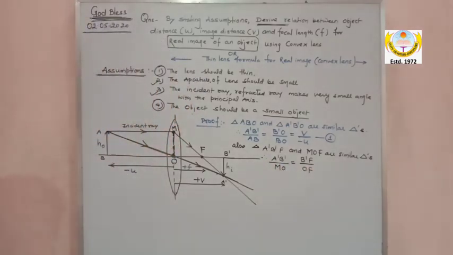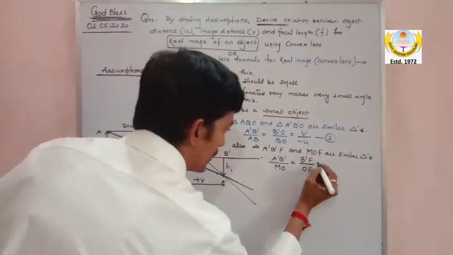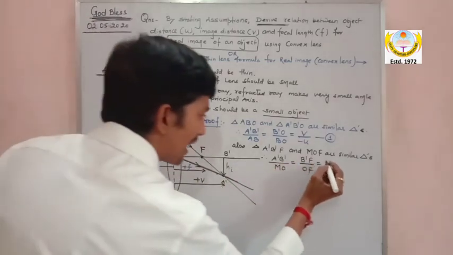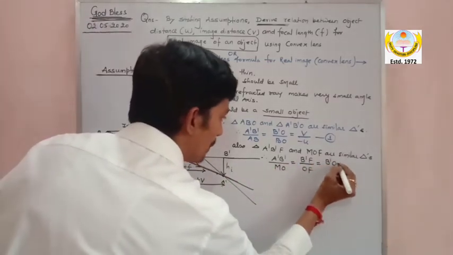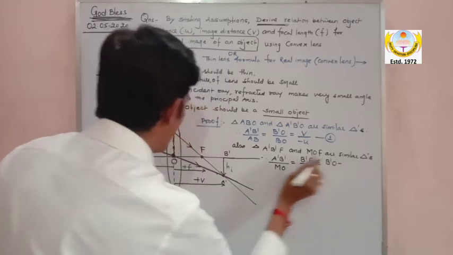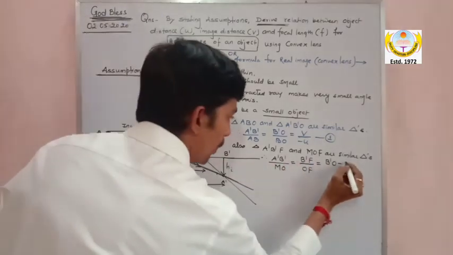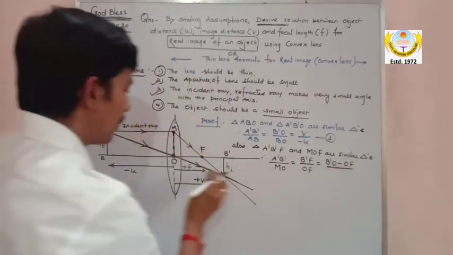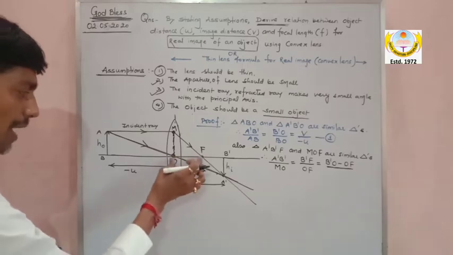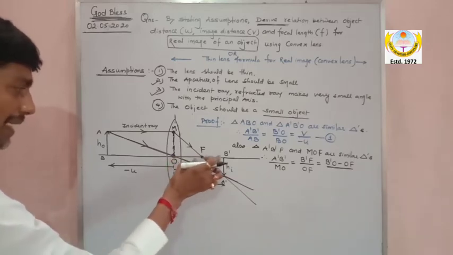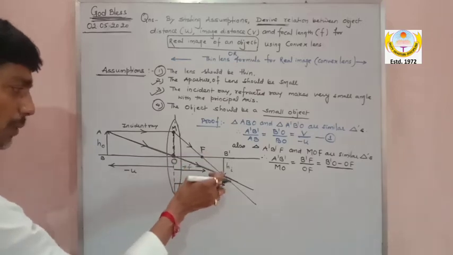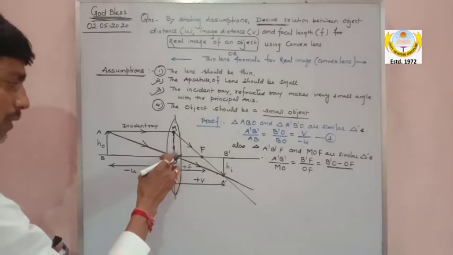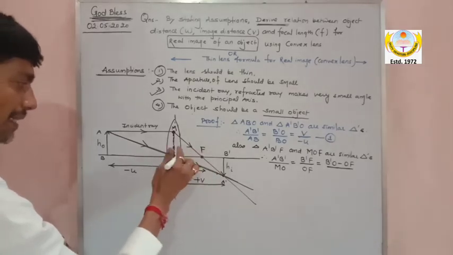And we all know, my dear, that B dash F is unknown to us. From the figure you can calculate B dash F. B dash F is nothing but B dash O minus OF upon OF. OF is known to us; its value is plus F. But B dash F was unknown, no value was given for it. So how did I find B dash F? Sir, B dash F is taken from OFB dash.